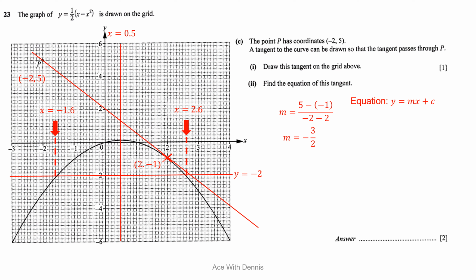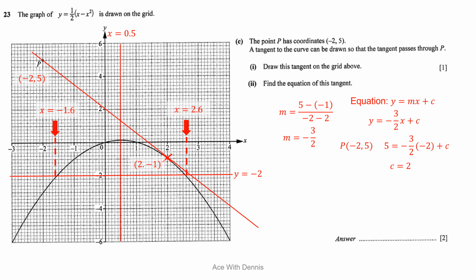Now the equation of a straight line is y equals mx plus c. Then we substitute the gradient as -3/2, y equals -3/2 x plus c. Then we can choose point P with the coordinates of -2, 5, which means that x equals -2 and y equals 5. So substitute these values in the equation. 5 equals -3/2 times -2 plus c.